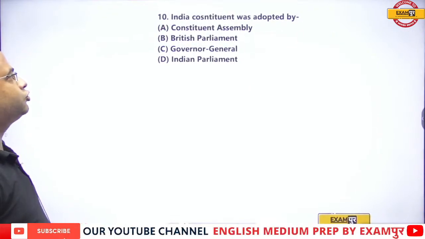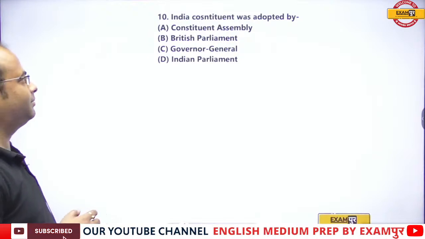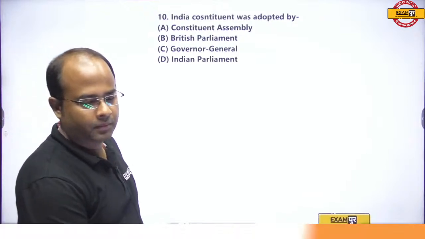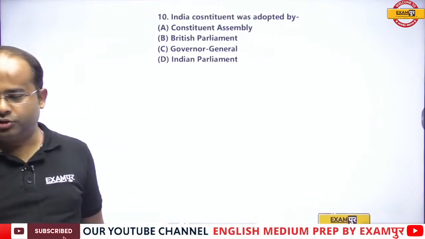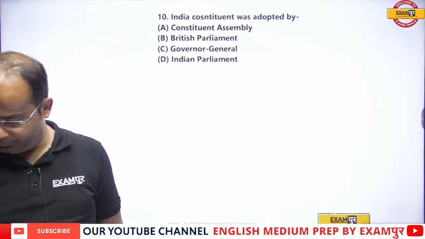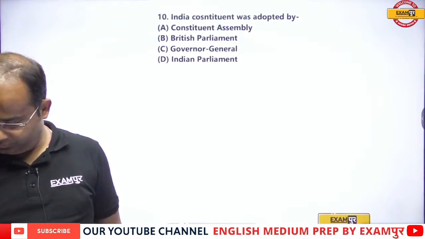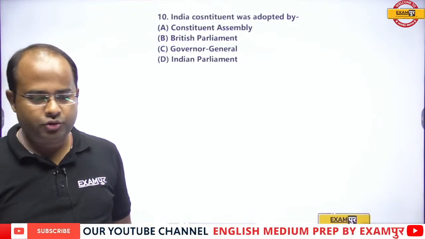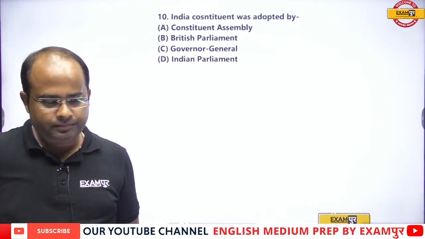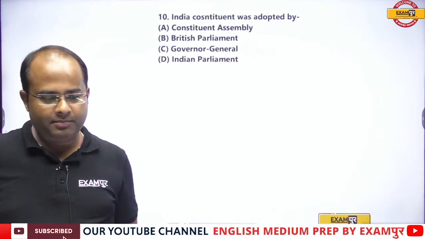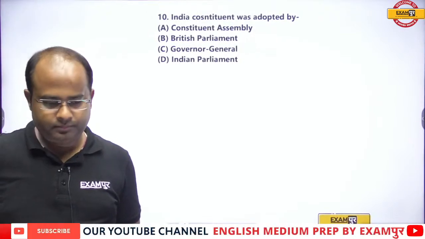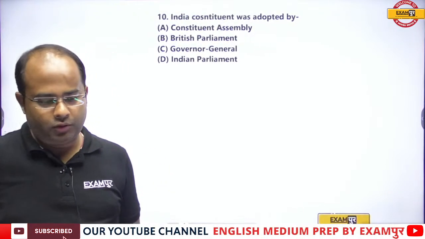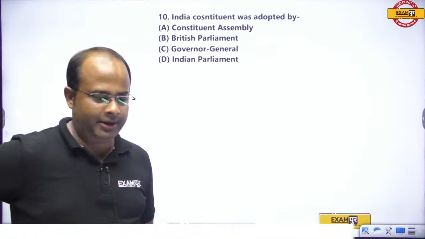Now, the Indian Constitution was adopted by the Constituent Assembly, British Parliament, Governor General or Indian Parliament. So, guys, the Constitution of India was adopted by whom? By the British Parliament?